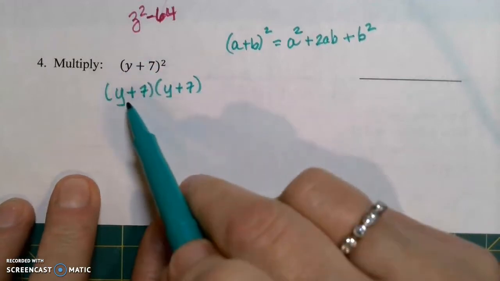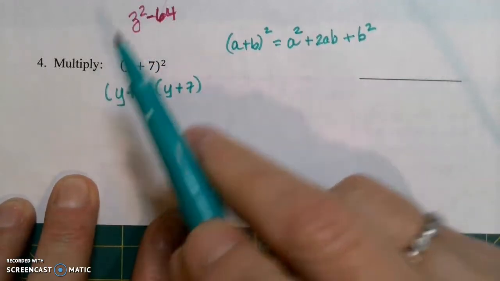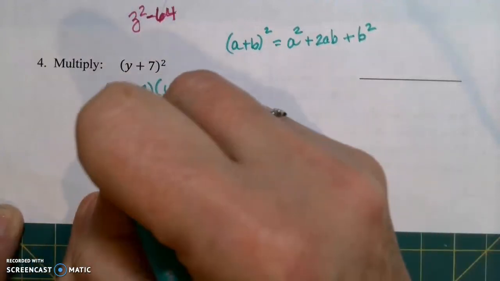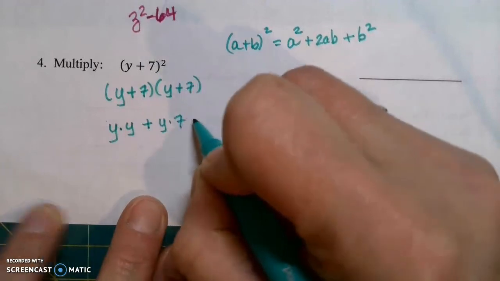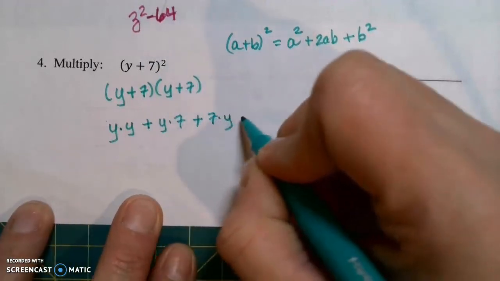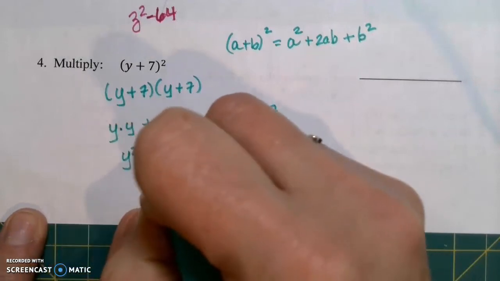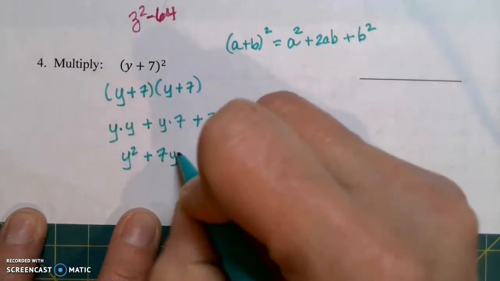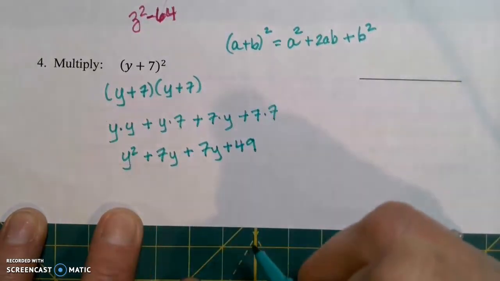Now, it's a binomial that is repeated, so it is not the same as number 3. So we have y times y plus y times 7 plus 7 times y plus 7 times 7. Getting some simplifying going here, we'll have y squared plus 7y plus 7y plus 49.